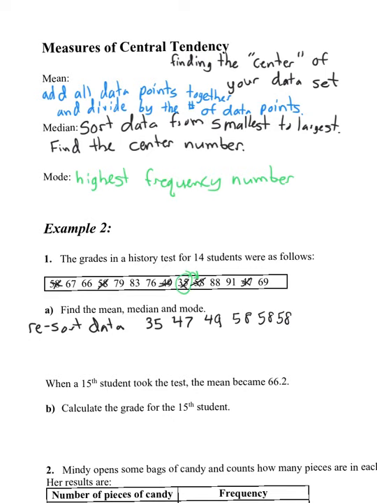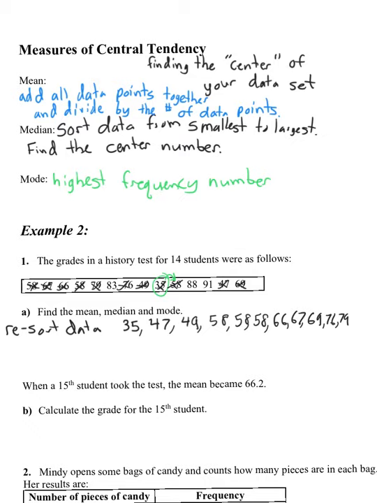When I go to the 60s, 66, 67, 69. And I got a 76, 79. Put commas in here. Space it out too much because I'm running out of room.